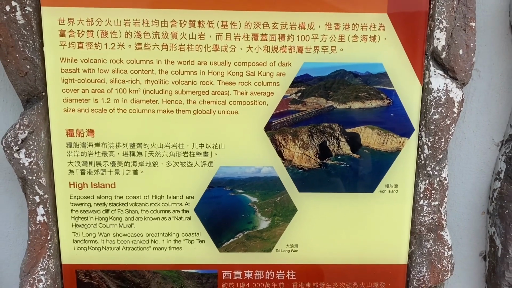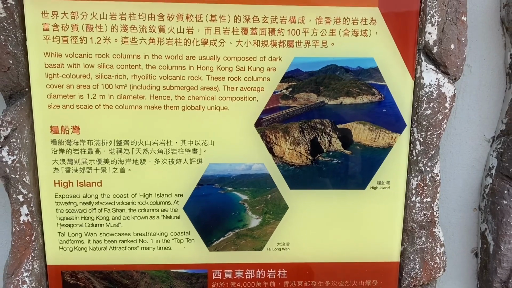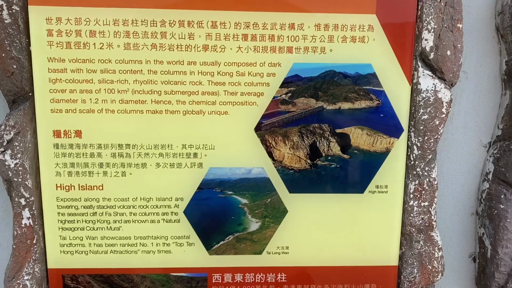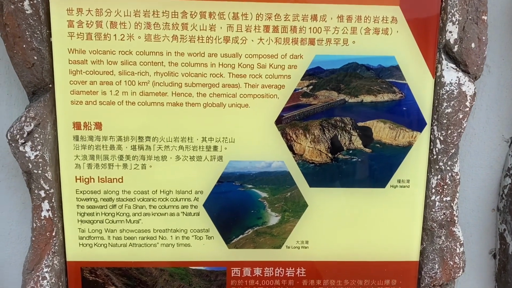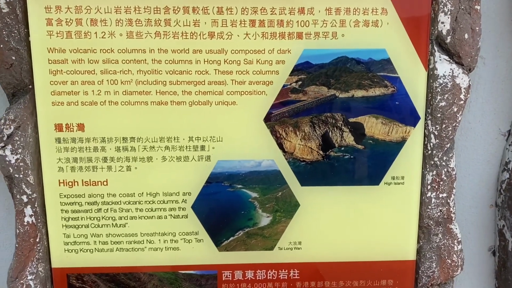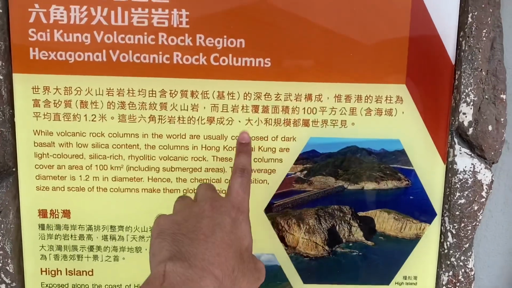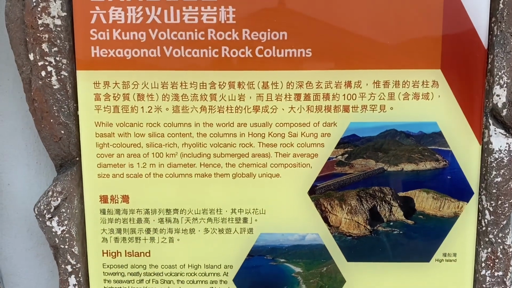The hexagonal columnar joint is very funny in that sometimes it is light in color and sometimes dark in color. Indeed tuff is dark in color, and right here basalt is kind of light in color. And you can see the whole crater is made up of 100 km square, so it's very huge.